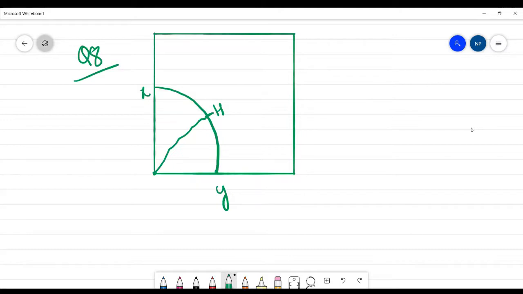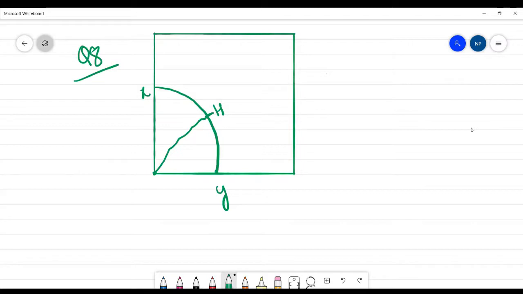First, let us write what is given in the question. We will write, it is given that the side of the square is 15 meter.